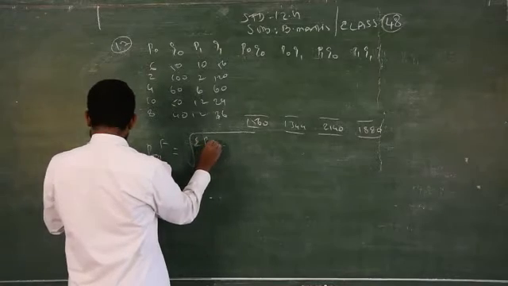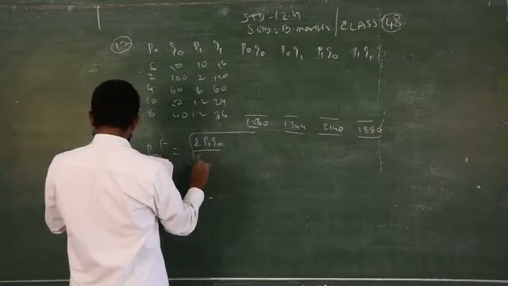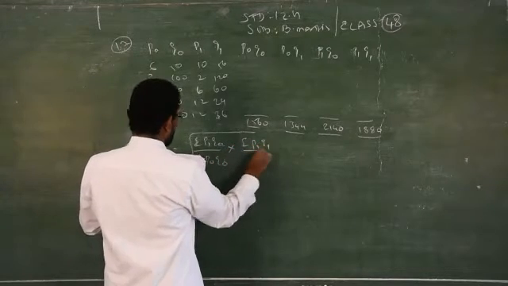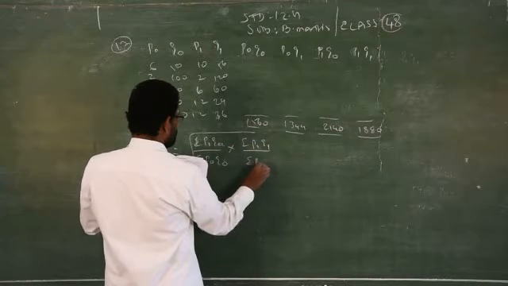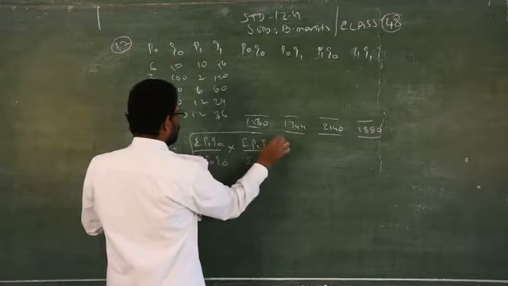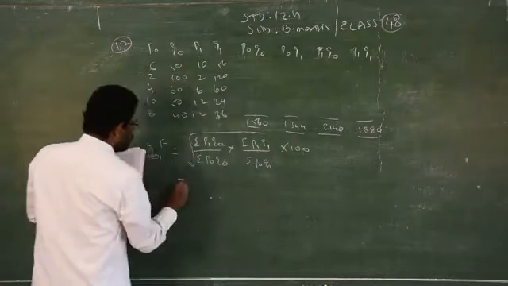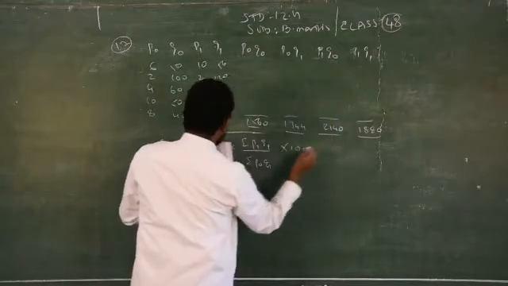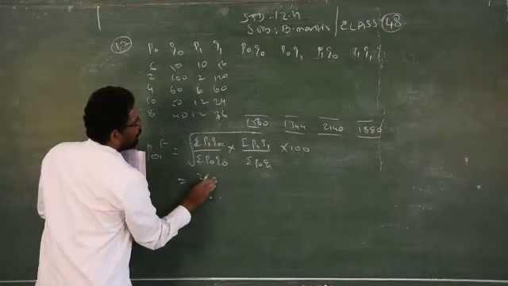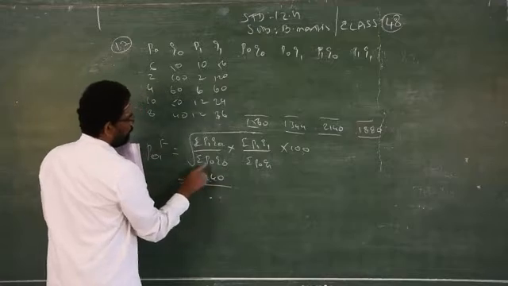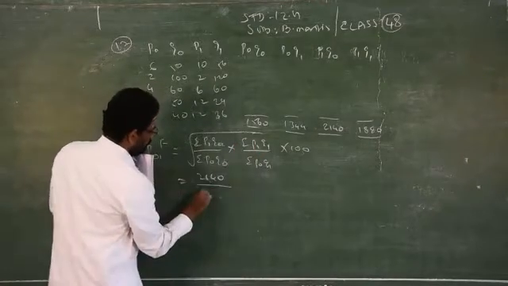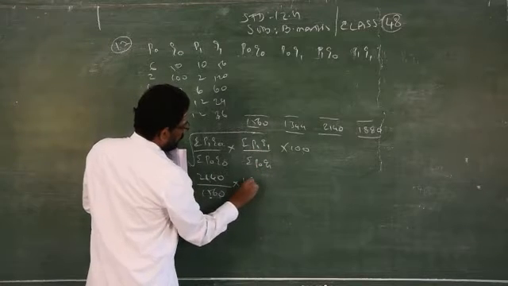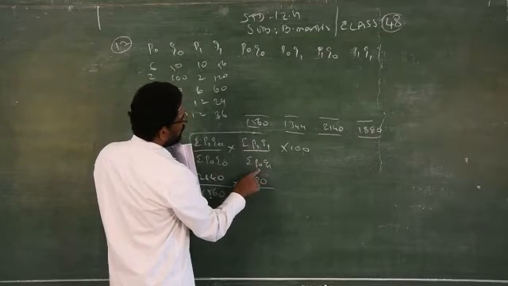Summation P1 Q naught by summation P0 Q0, into summation P1 Q1 by summation P0 Q1, into 100. You just have to substitute. What is the P1 Q0 answer? P1 Q0 is 2140 by P naught Q naught, which is 1560, into P1 Q1, which is 1880. What is P naught Q1 total?